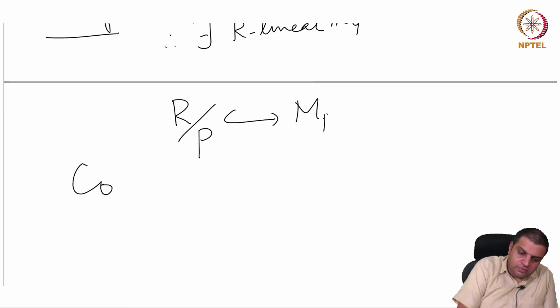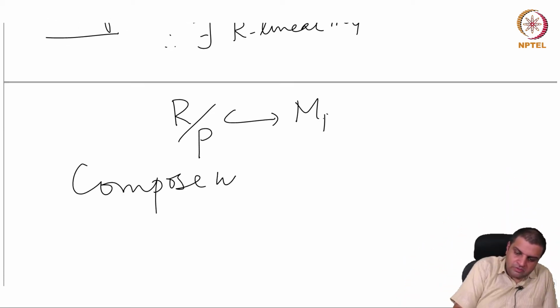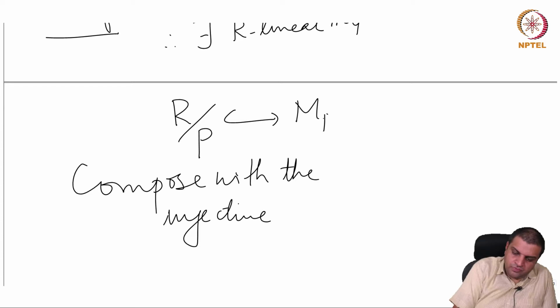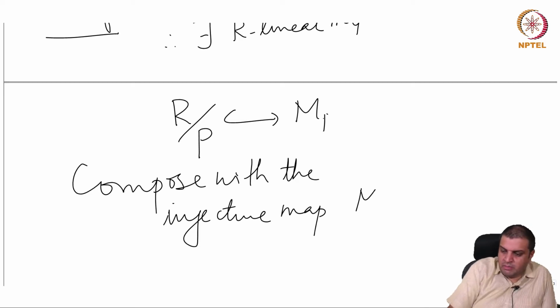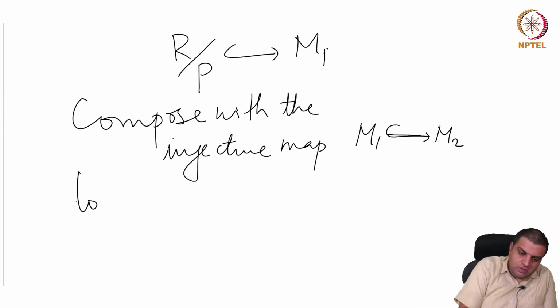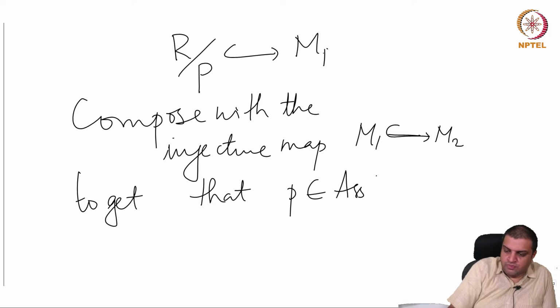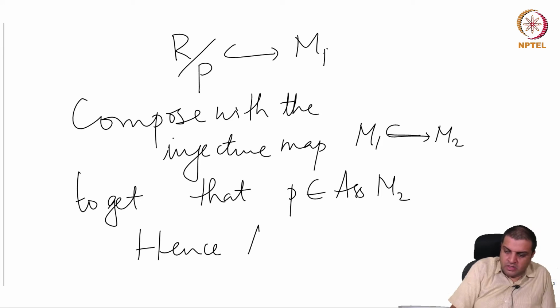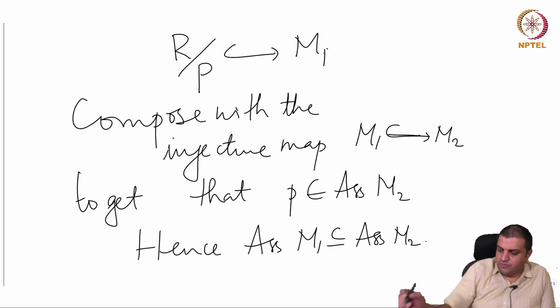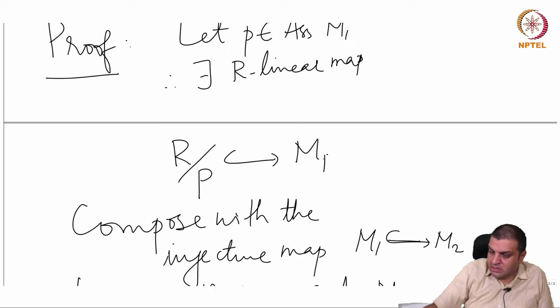Okay. Compose with the injective map M1 to M2. Both these are R-linear, so we get that P is associated to M2. Okay, so hence associated primes of M1 is inside associated primes of M2. So this is the first inclusion here.